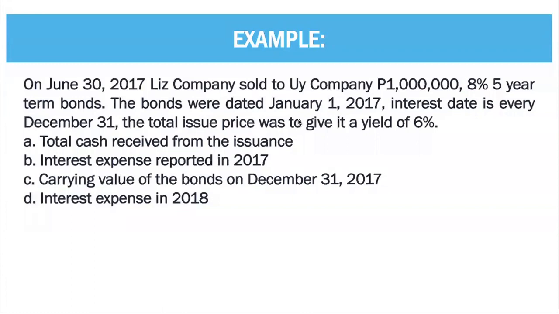So first, we need to get the total yield rate of 6%. Since the issue price will yield 6%, this should be the face of the bond, and this is our carrying amount of the bond.